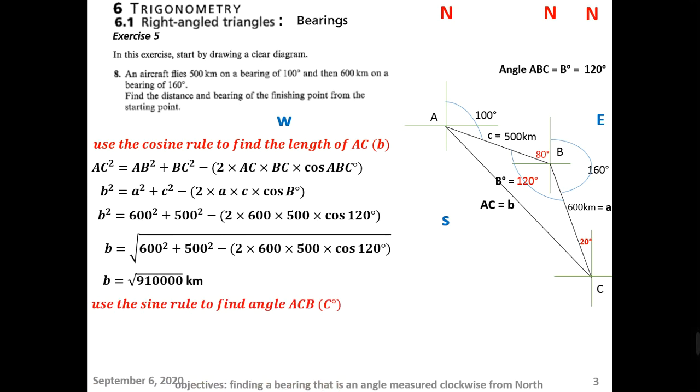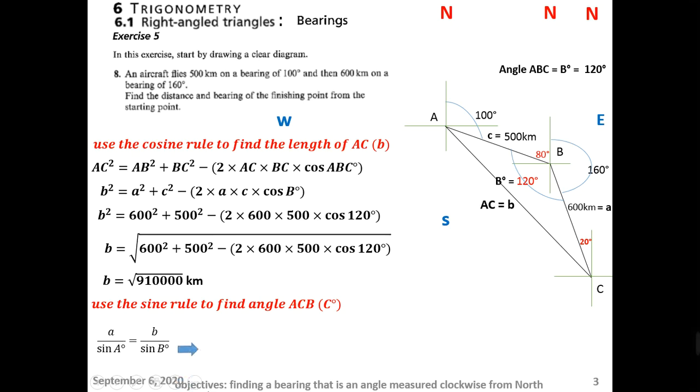Now, let's use the sine rule to find angle BAC, which is angle capital A. As you can see here, a over sine A capital is equal to b over sine B capital. That's the sine rule.